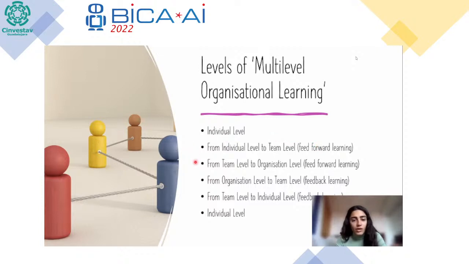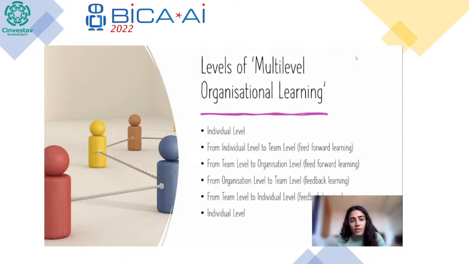And then this feed-forward type of learning continues to flow from teams to organization. Organization tries to adaptively gain the best parts of the teams' shared mental models, I mean the best parts of the knowledge the teams have.